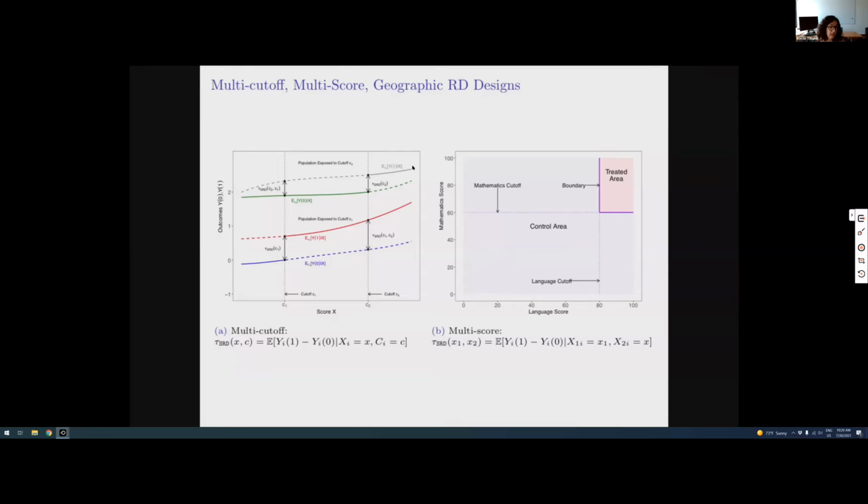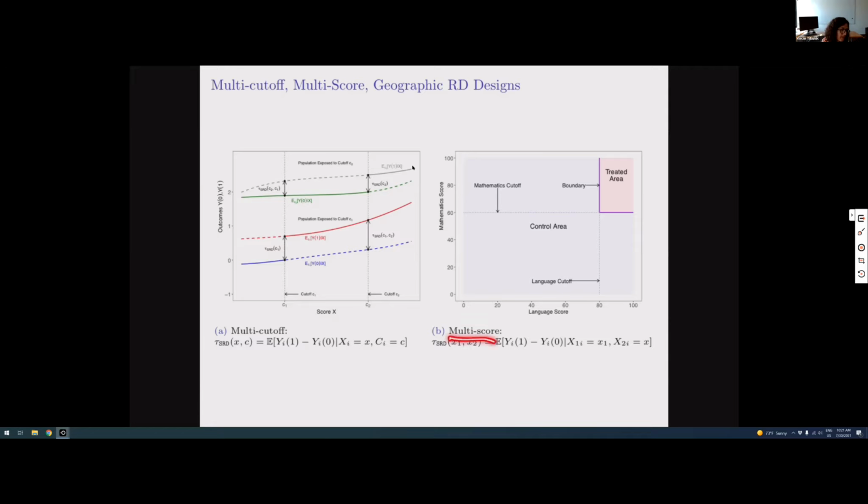And so the question of what happens to this effect as I go away from the cutoff is an important question that we're constantly looking for ways to answer. Once we have answered what's the effect at the cutoff or in this very small window around the cutoff, we do want to know what's the effect beyond that. And for that, we're going to need to make other external assumptions, and multiple cutoffs is one way in which we can get at that.